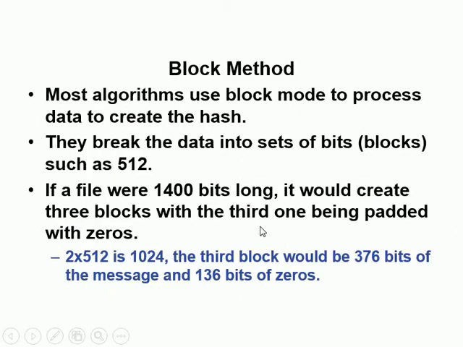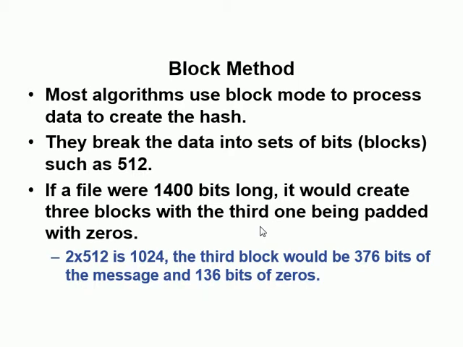Most algorithms use block mode to process data to create the hash. So in other words, we talked about block versus stream in a previous lecture. So hashing algorithms use blocks. So what does that mean? Basically, you're taking a chunk of data. So let's say we've got a file that's 1,400 bits long. So we would break that file into 3 parts, and each of those 3 parts would contain 512 bits.